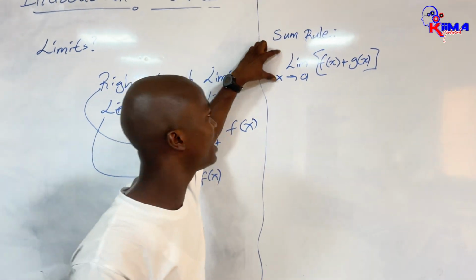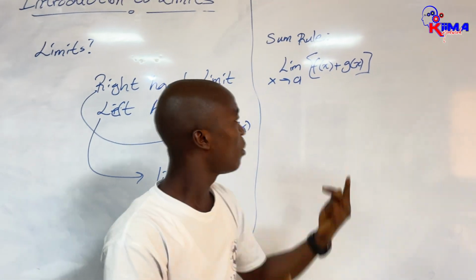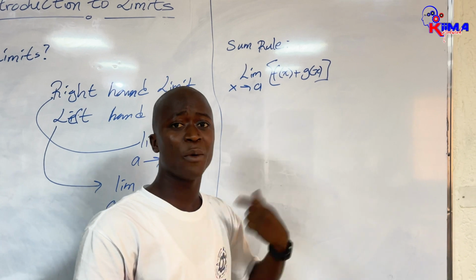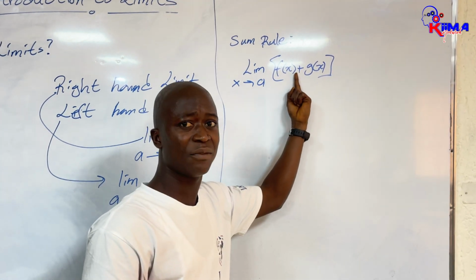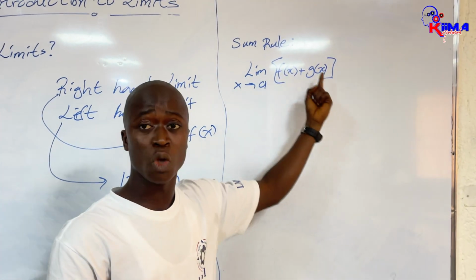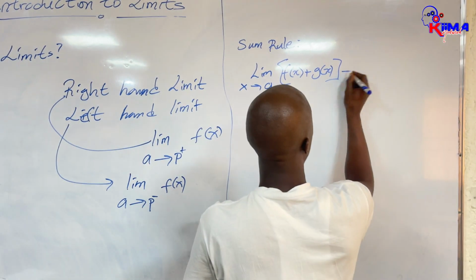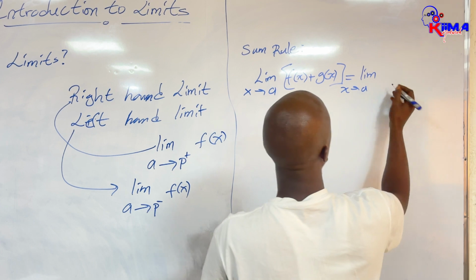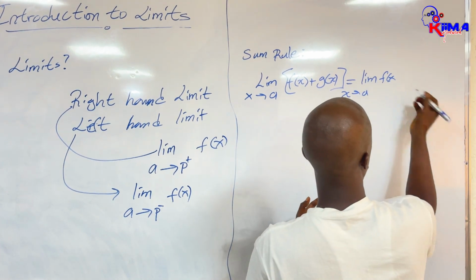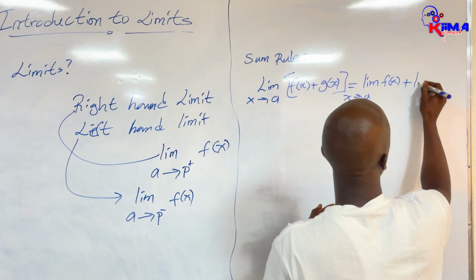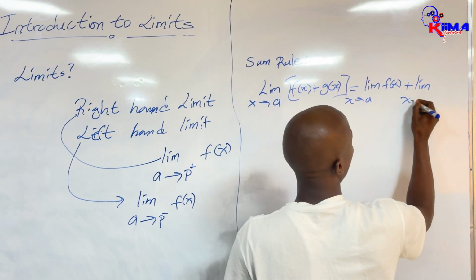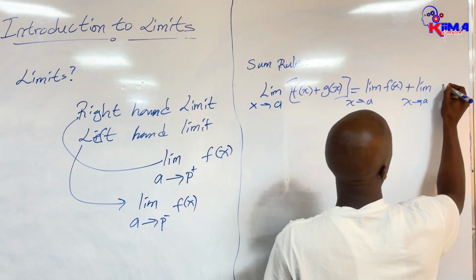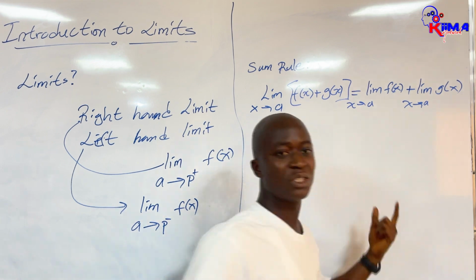It simply means we should split this limit into two, but mind you, there's an operator between them which will be the plus. So, opening the limit out, we get the limit as x approaches a of f of x plus the limit as x approaches a of g of x. That is the sum rule.